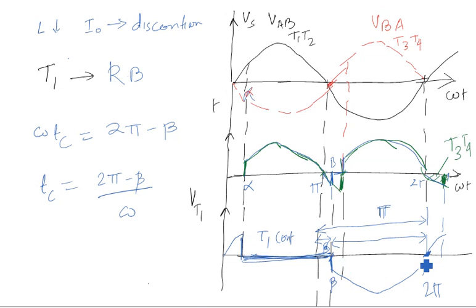During this period only, it is reverse biased. So your reverse bias condition or circuit turn off time is less compared to R load. For R load, it was completely a pi cycle. You can check that. That's the difference here.